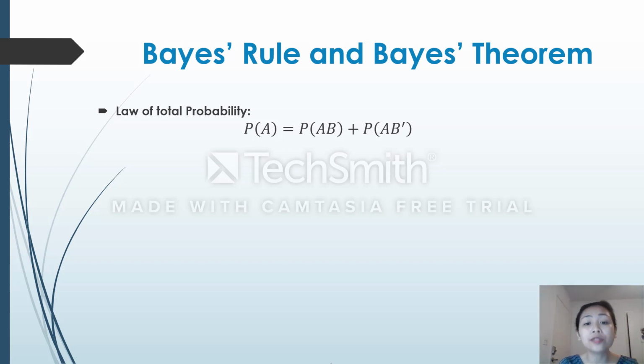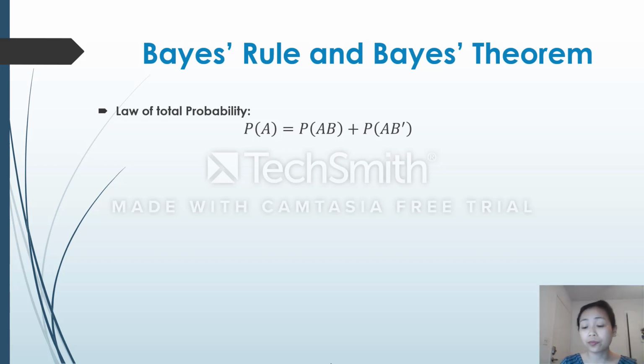So AB is the group of boys who like pink color, and AB prime is the group of boys who don't like pink color. The group of boys is divided into two groups, boys who like pink color and boys who don't like pink color. So probability of A is probability of AB plus probability of AB prime.